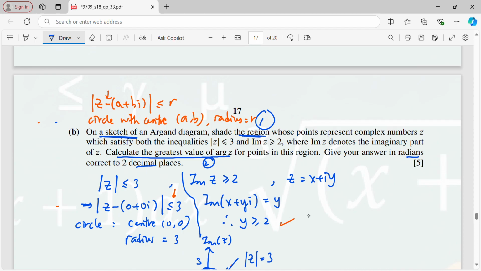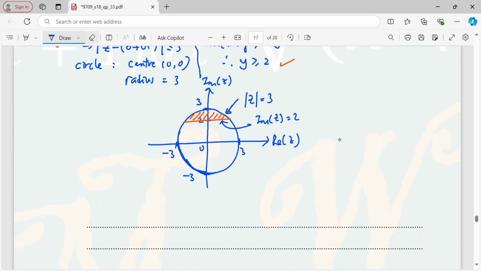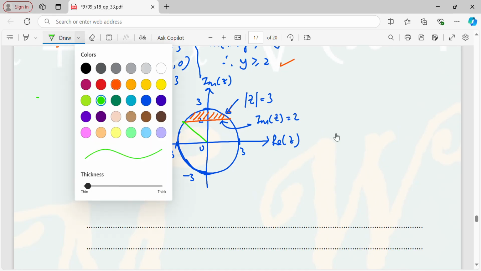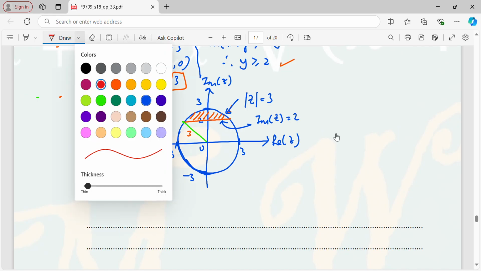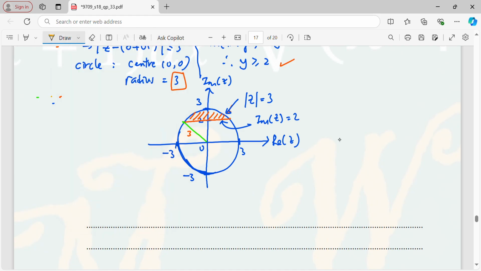Second part is calculate the greatest argument z. So greatest argument z is basically the points with the greatest angle from the origin. Obviously, it will be here. Okay, because for the shaded region, so here is the greatest, and we know that this is actually a circle with radius 3. That means here is 3 units, and I know that this is 2 units. Okay, so now my angle is over here, my argument, greatest argument.